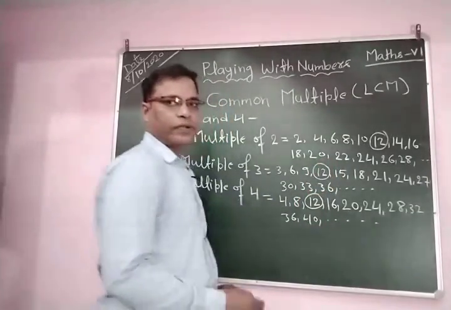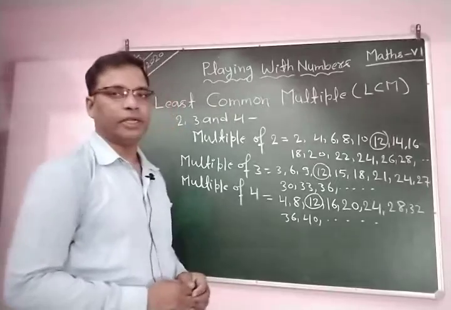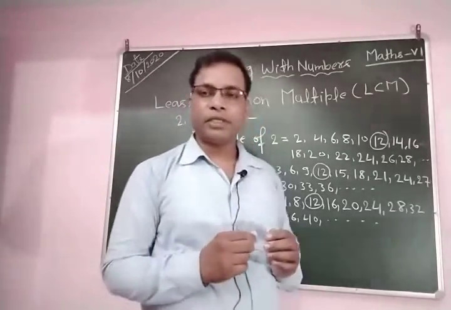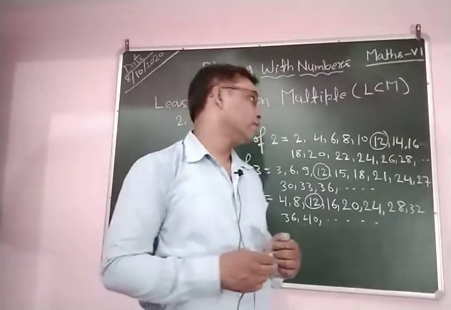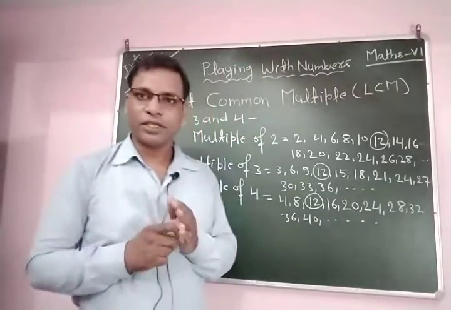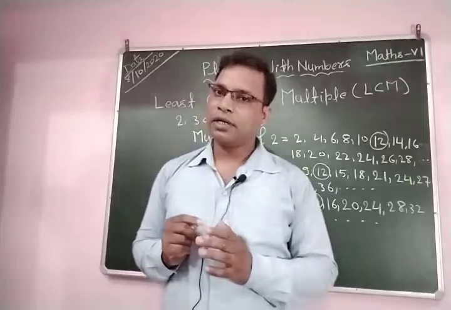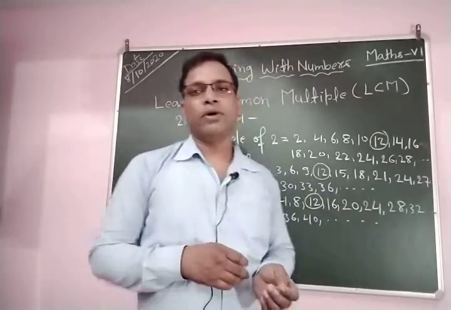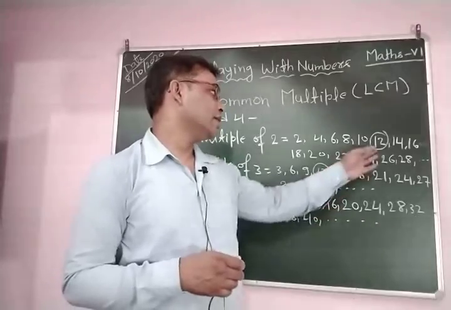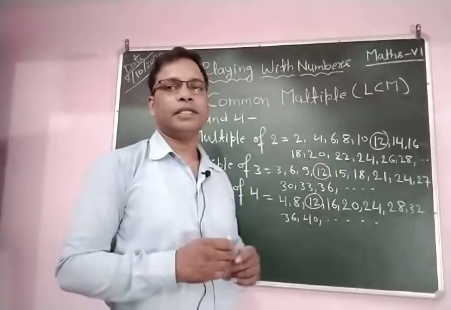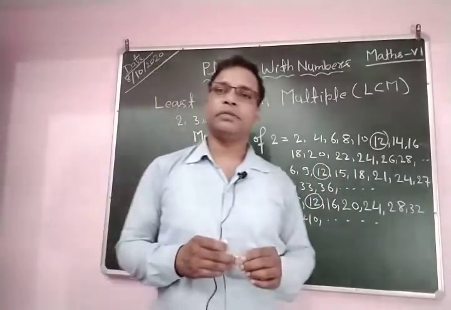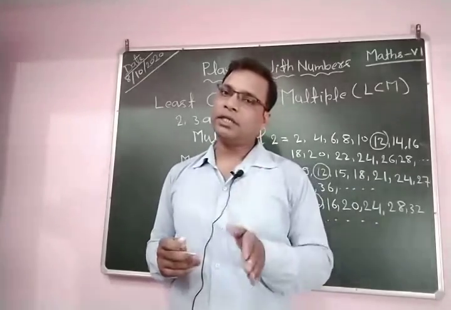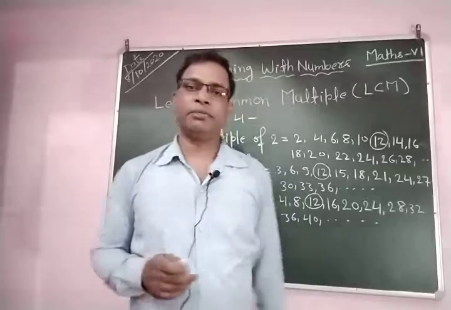This is the first common multiple. The first common multiple of the given numbers is the LCM. So the LCM of 2, 3 and 4 is 12, because 12 is divisible by 2, 3 and 4. This is the least, or first, multiple.